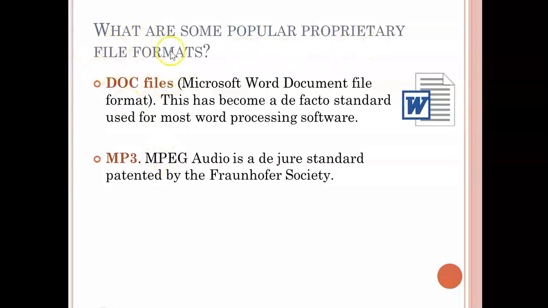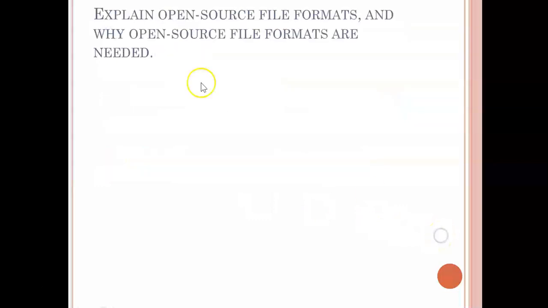So they're owned by companies, developed by the specific companies, and the code is copyrighted, trademarked, so it is illegal to access that coding, obviously unless they give you permission, but those are examples of proprietary file formats.